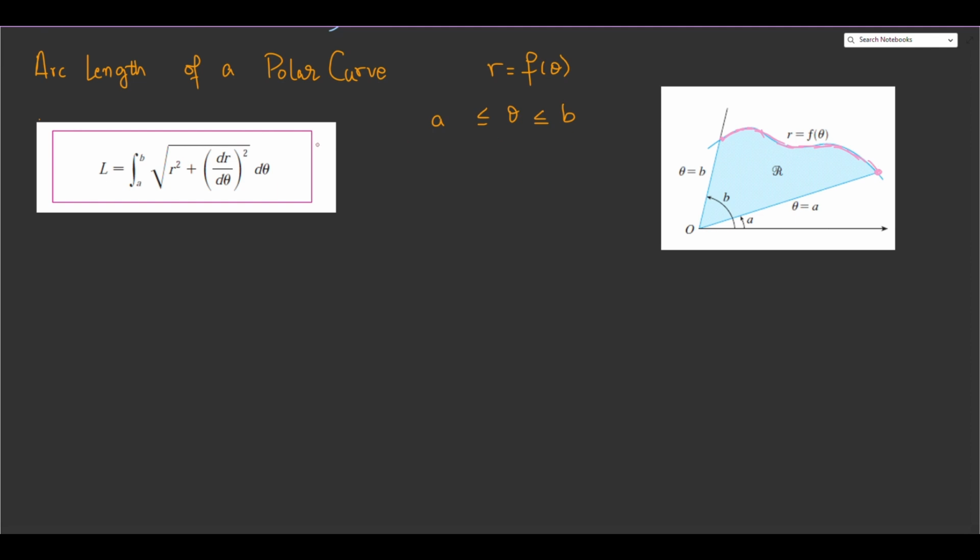And what is the formula? The formula is the following: L equals the integral from a to b of the square root of r squared plus (dr by d theta) whole squared. So let us do an example.